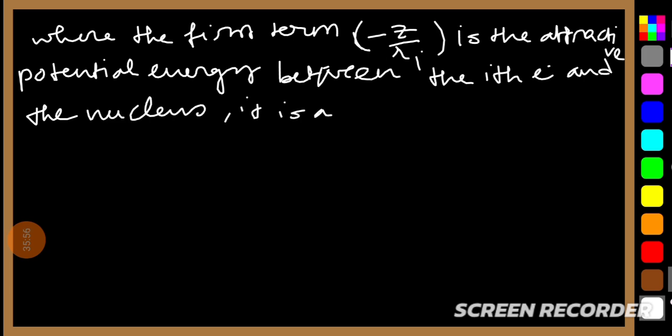It is a negative term. That means between the ith electron and the nucleus, this is a negative term, as conventionally taken: minus Z by r_i is the attractive term, and due to the attractive term the negative sign is introduced.